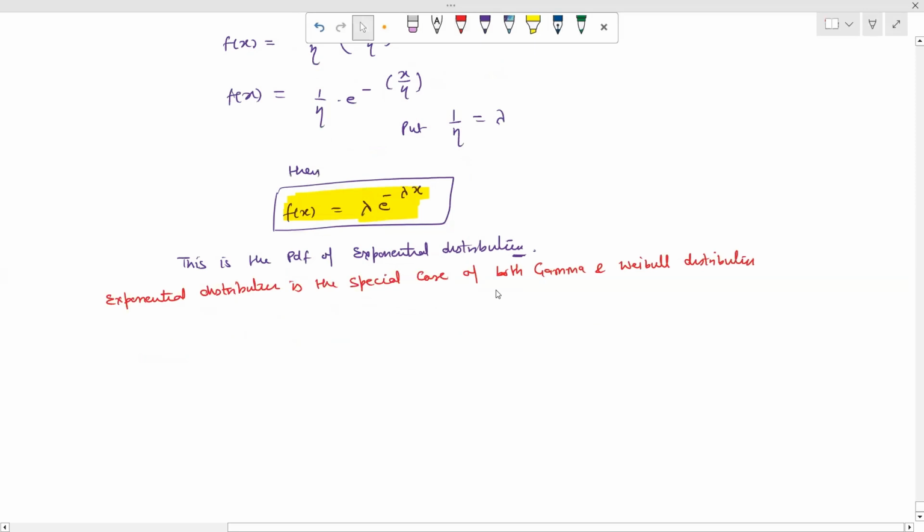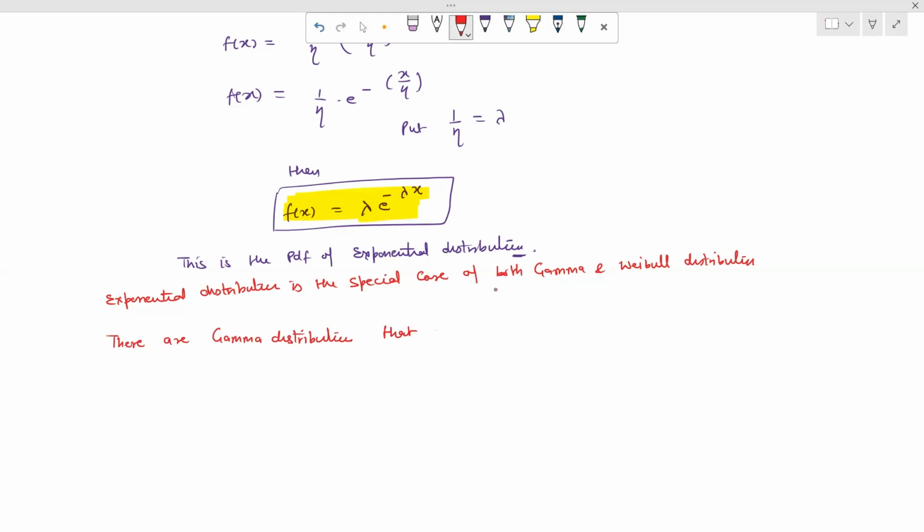So there are gamma distributions that are not Weibull distributions, that means they cannot be changed into a Weibull distribution, and vice versa.